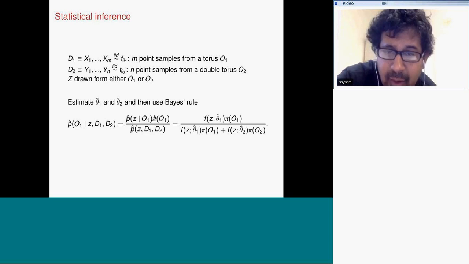That's my model for a new point, given parameter estimate theta 1. Theta 1, again, is my parameter estimate for the single torus. And similarly, I'd have one for the double torus, which would be theta hat 2. This gives a way of computing the probability of which object it came from. And this is just using what's called Bayes' rule, a property of conditional probability. Now, to do this, I have to be able to write down a reasonable model and infer it.